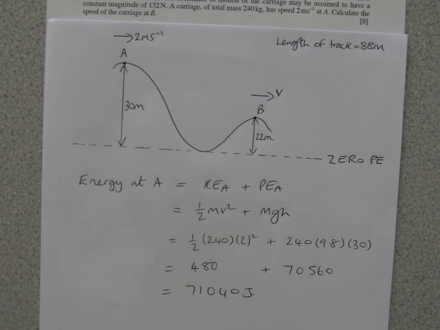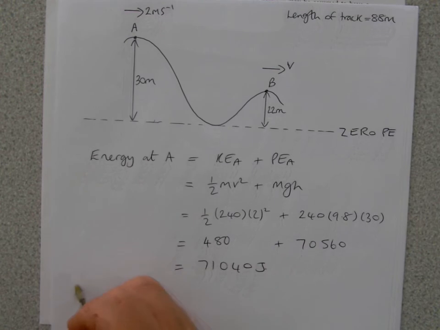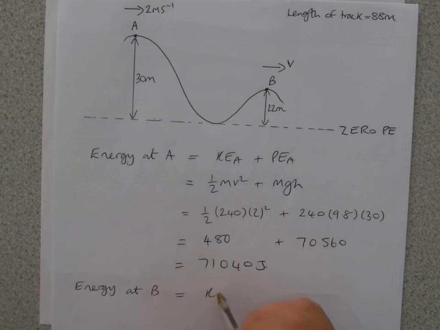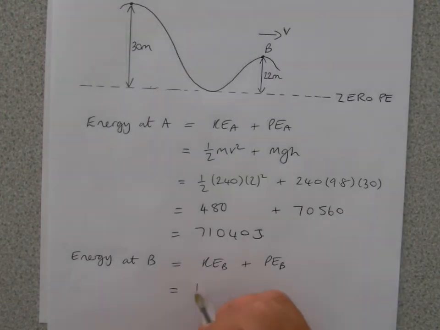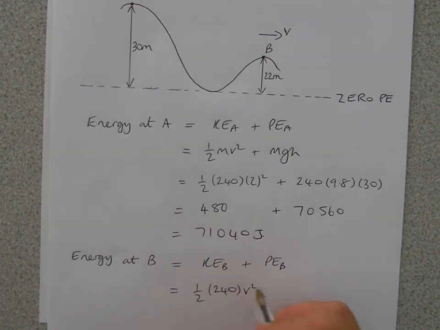So that's the energy at the start. Now let's think about the energy at the end, the energy at B. There are things we don't know here at B. We certainly don't know the kinetic energy, because we don't know the speed. But we know the potential energy at B. Kinetic energy at B would be half the mass, 240, times V squared, because that's what we're trying to figure out.